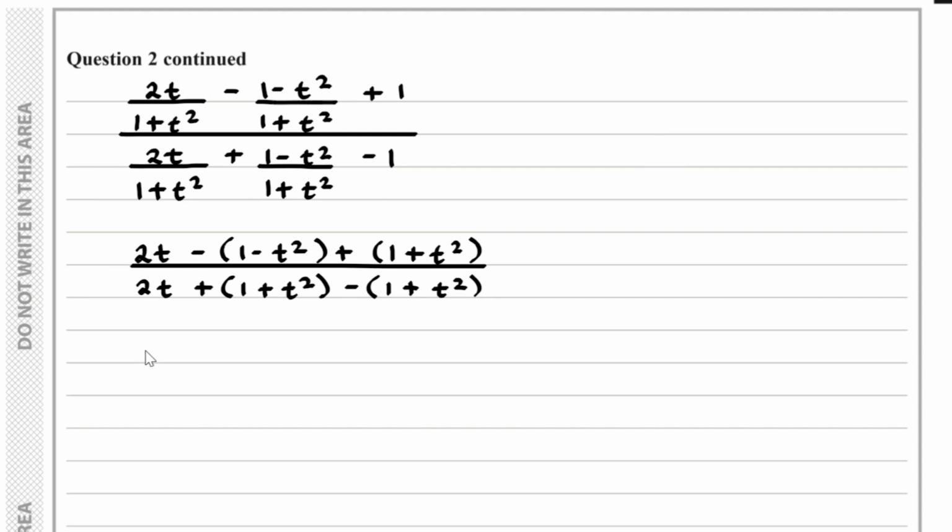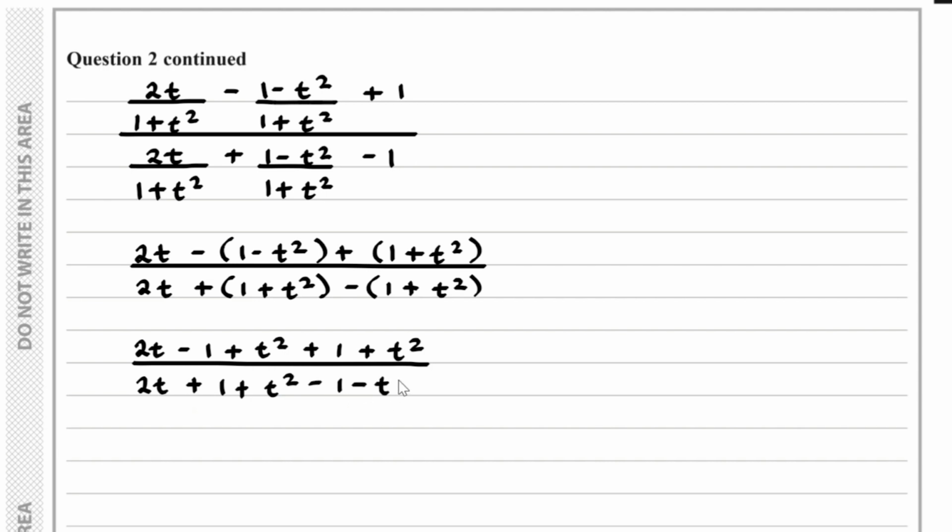And if we expand along the top, we've got 2t minus 1 plus t squared plus 1 plus t squared divided by 2t plus 1 plus t squared minus 1 minus t squared.